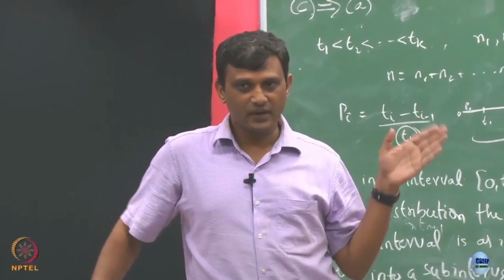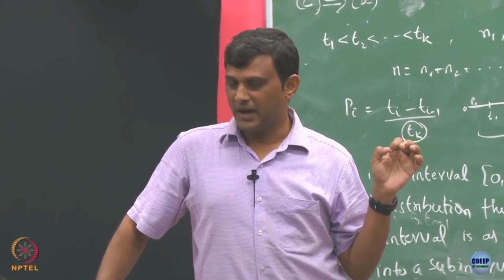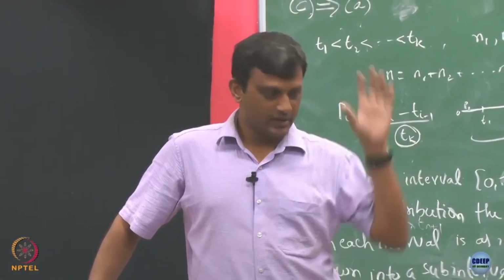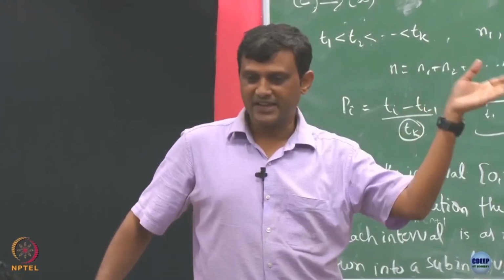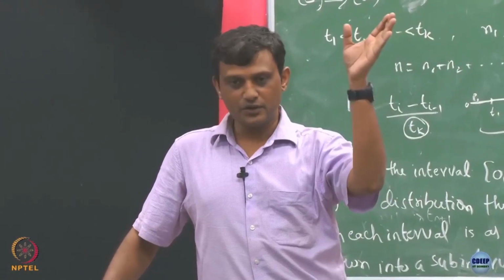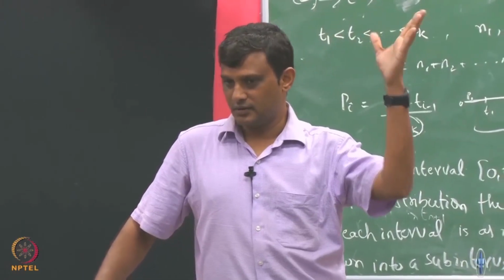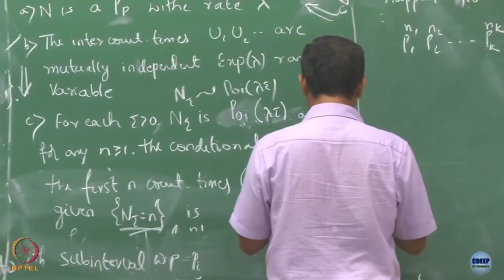So this is for a given n1, n2 all the way up to nk, right? But when I have n total counts, in how many ways can I partition them into n1, n2 all the way up to nk such that their sum is equal to n? I have a multinomial distribution here, right.